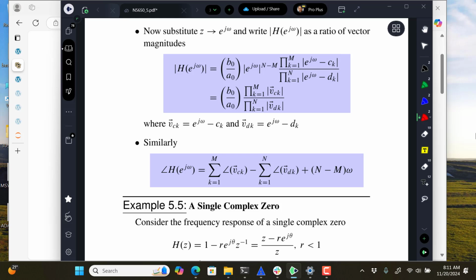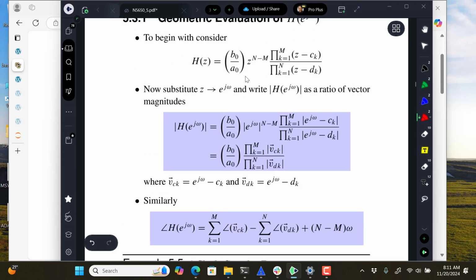This is the book's notation, and if you do the factoring here to factor out the e to the j omega terms and then have it in terms of positive powers of z, if we were doing z, but now we're doing it in terms of e to the j omega in order to do frequency response, this is what you would have.